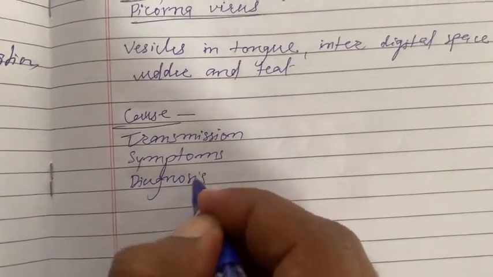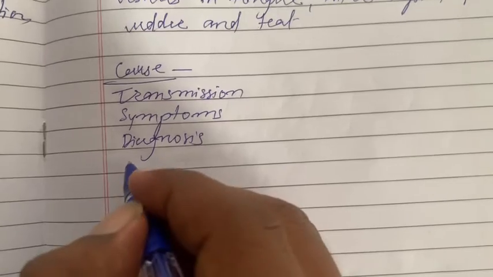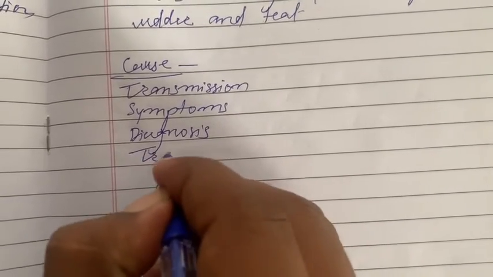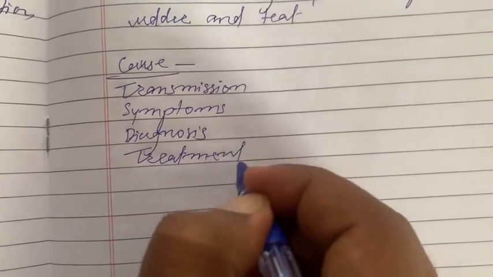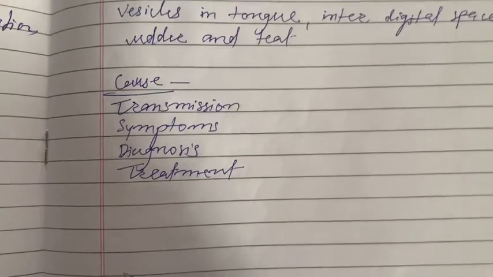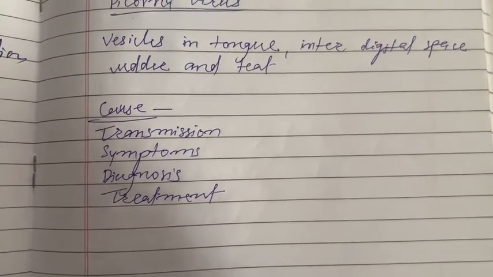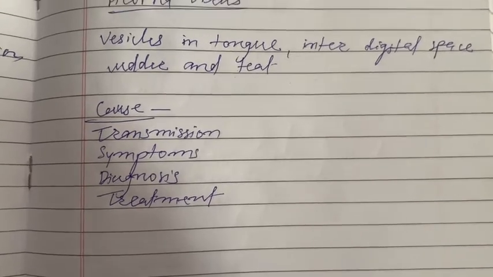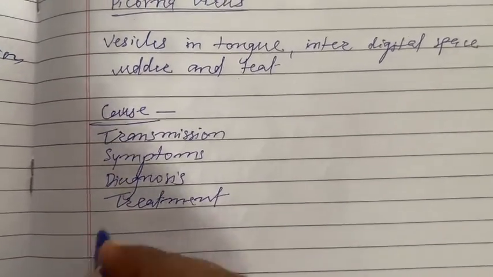When the disease is diagnosed properly, we have to provide the treatment. After the treatment, we have to stop the spreading of the disease, because it is said that prevention is better than cure. So we have to prevent and control this disease.